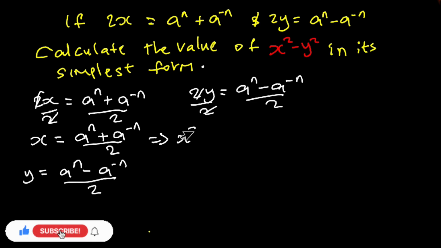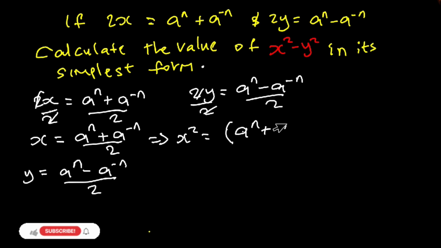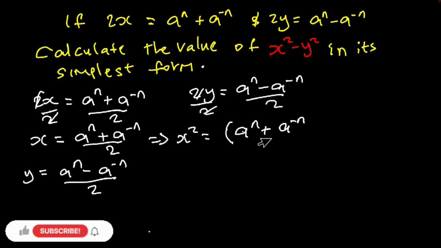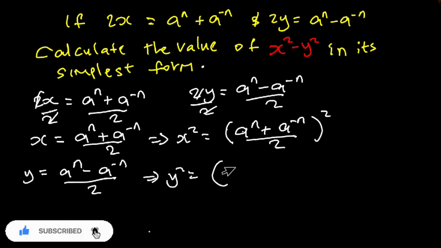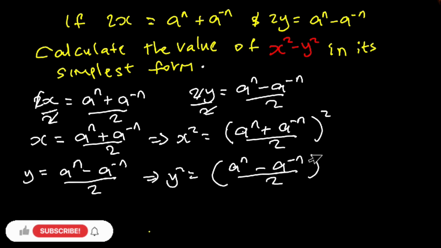So x squared is now equal to, we're going to square the x, so x squared is equal to (a raised to the power n plus a raised to the power negative n) over 2, all squared, and then y squared is equal to (a raised to the power n minus a raised to the power negative n) over 2, then all squared.